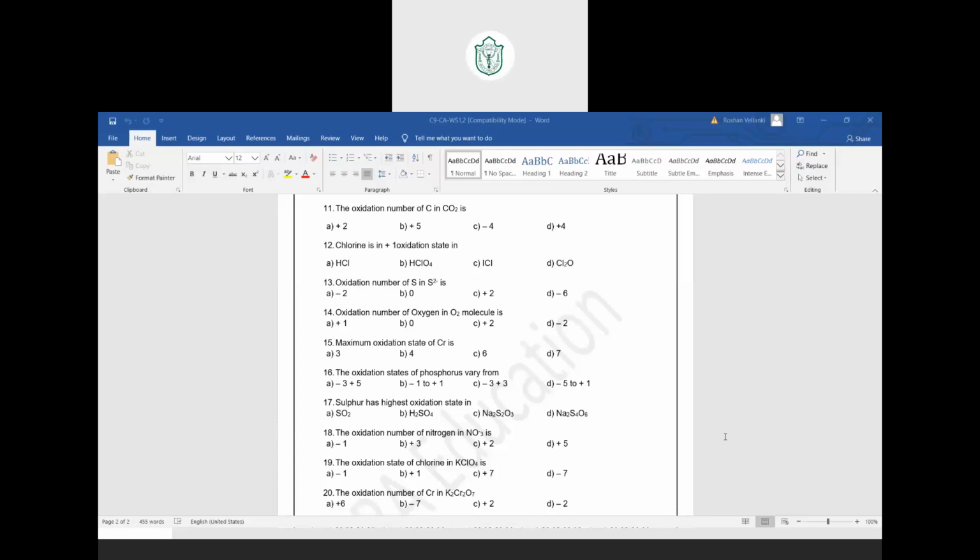Phosphorus can form these two compounds. One is PH3, the other one is PCl5. One is phosphine, the other is called phosphorus pentachloride. So now answer, guys. -3 to +5. Okay.